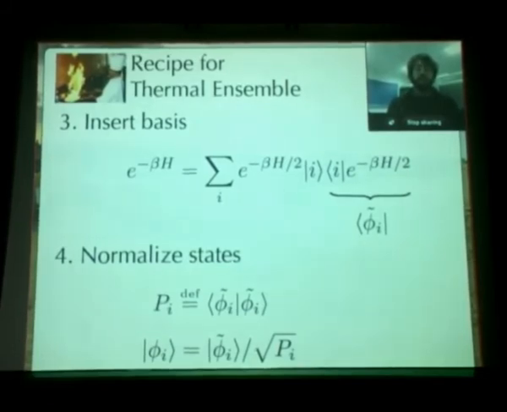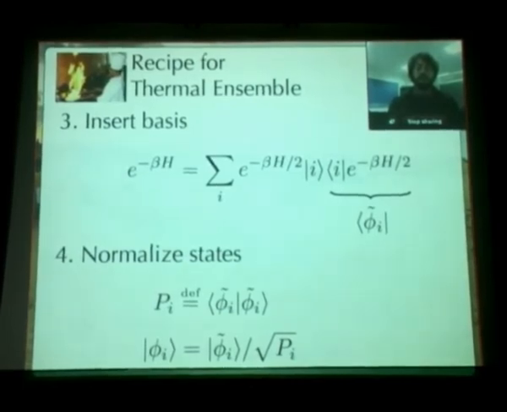If you don't do this factorization, you always work with the operator. But by doing this factorization, it allows you to put in a resolution of the identity, and now you have the decomposition in terms of states. So now you are able to sample over states rather than operators. That's why you need to put this in.